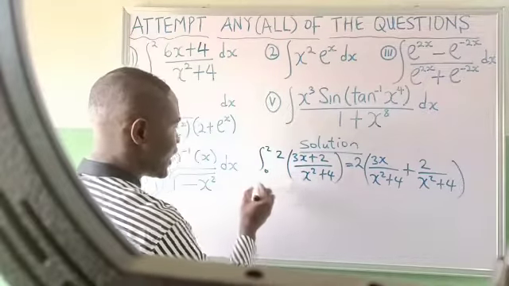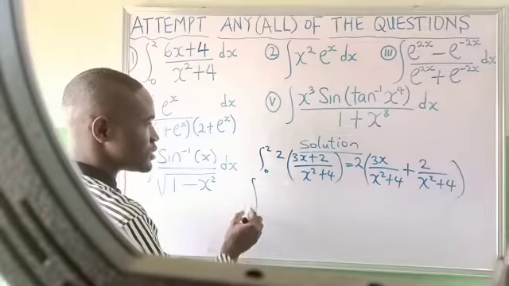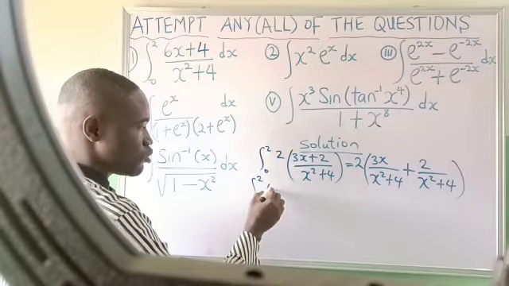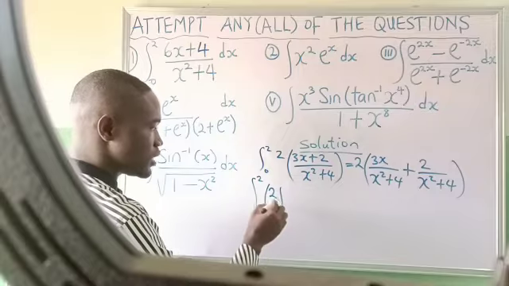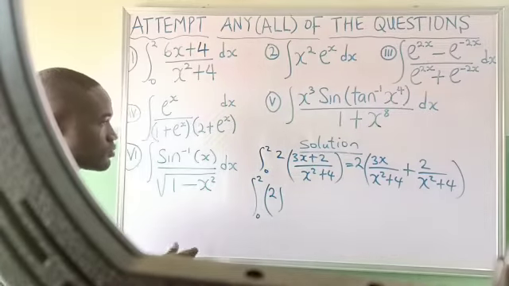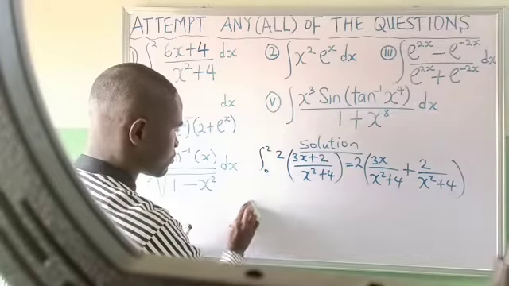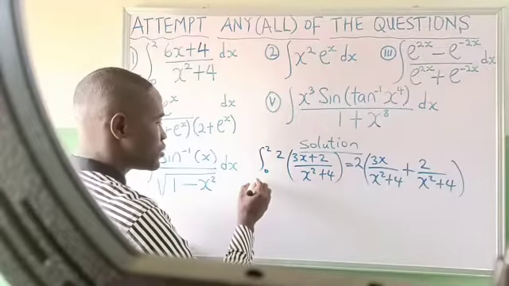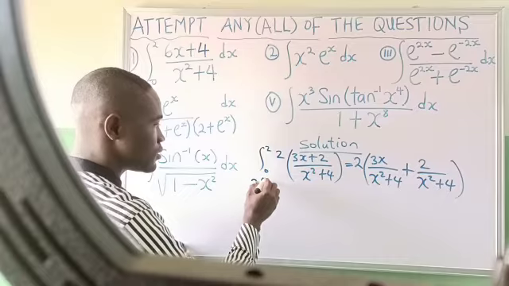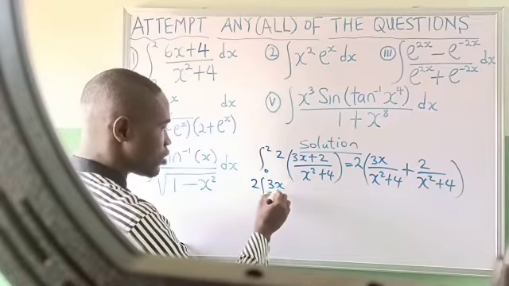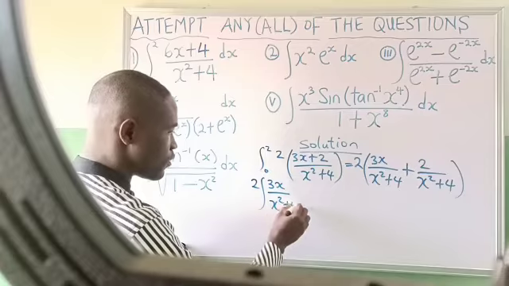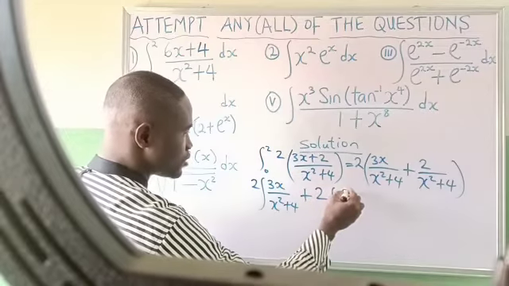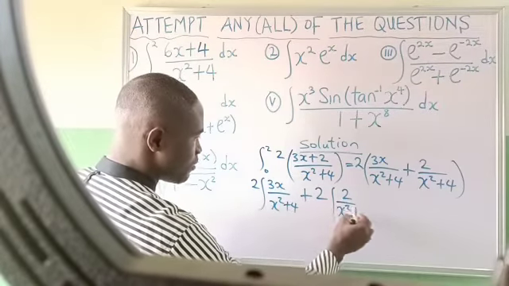That means I am to integrate 2 bracket integral of 3x all over x squared plus 4, plus these 2 will still go integral of 2 all over x squared plus 4.